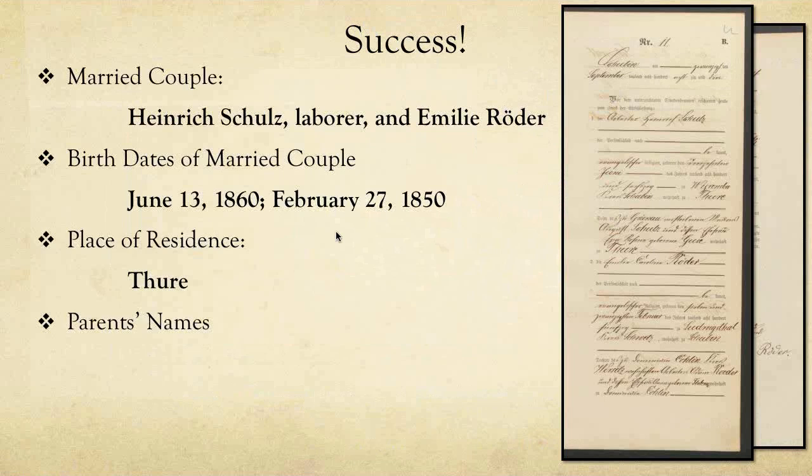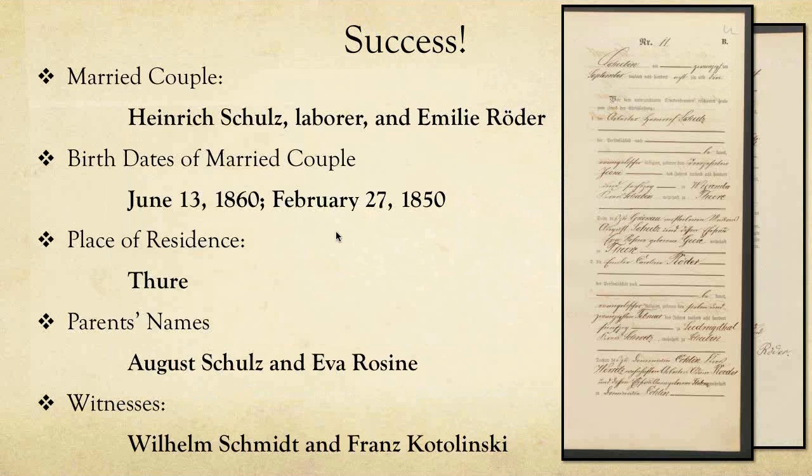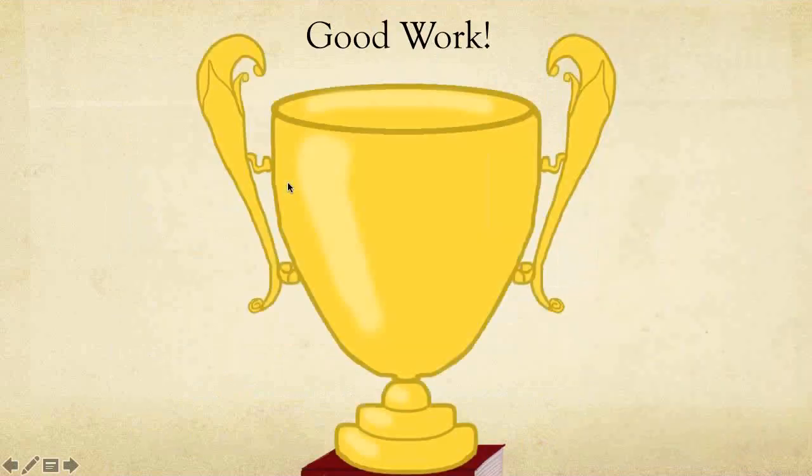And then we know it's the son of or the daughter of our parents. And then we found the witnesses by looking at the second page, and the numbers 3 and 4 will be the witnesses. So congratulations, you have earned your second trophy of marriage certificates, and it's all downhill from here in more ways than one.